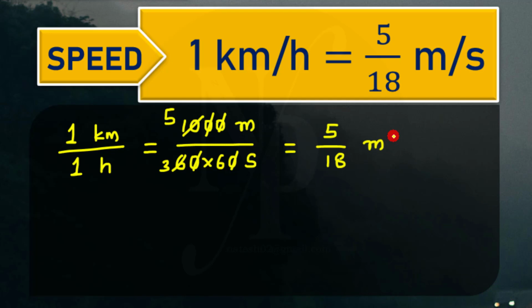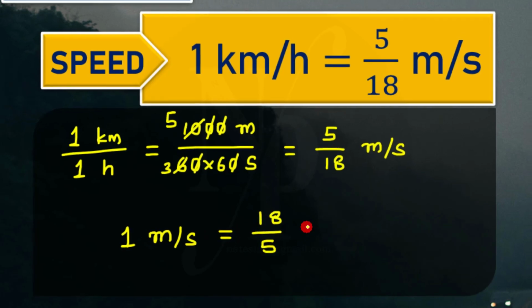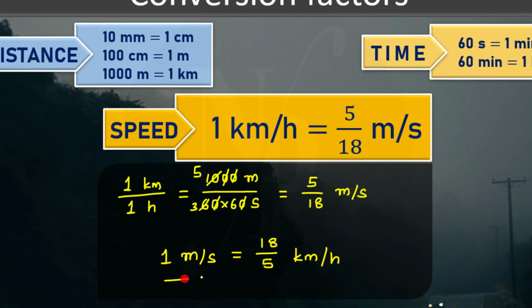Unit will be meter per second. So 1 kilometer per hour is equal to 5 by 18 meter per second. Coming in the other way, we may write 1 meter per second as 18 divided by 5 kilometer per hour.